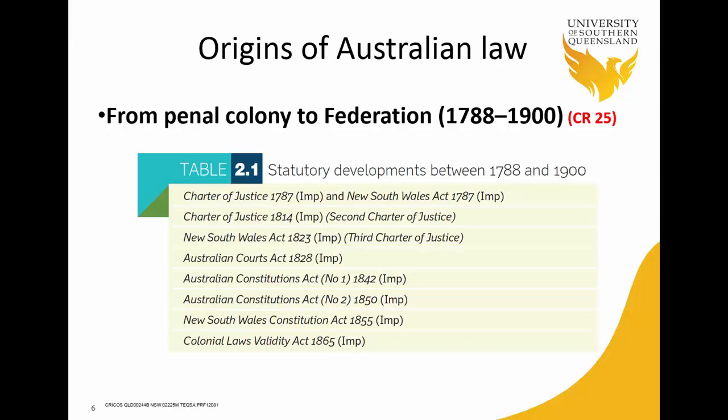Let's then go to the third Charter of Justice, and this is the charter that led to the New South Wales Act of 1823. So this is the second New South Wales Act, and this was the act that finally established New South Wales as a full colony. Remember, the first act established it as a penal colony, and now the Act of 1823 establishes it as a full colony.